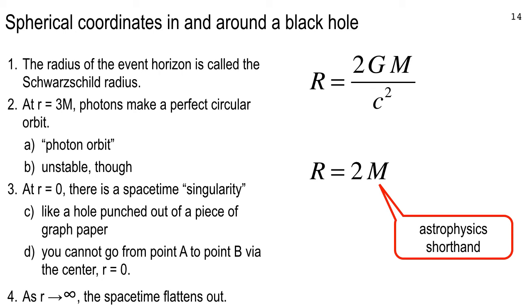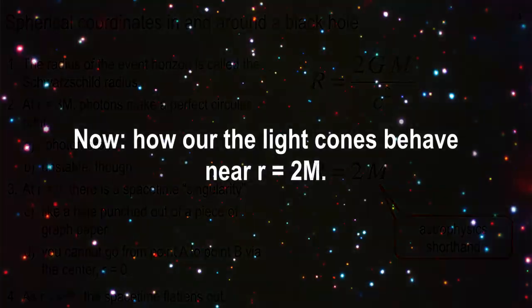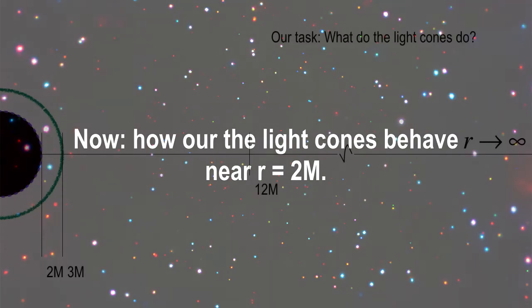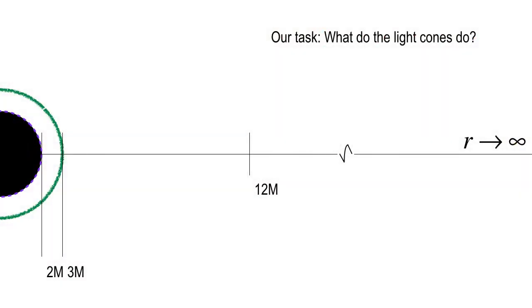Now, as I mentioned before, the best way to understand a black hole is to think about its light cones. So now let's look at the light cones as they behave near r equals 2m. And I'm going to give you a diagram here, and this is probably the easiest diagram to draw recently, but it's going to lead to a lot of unusual concepts. So here it is.